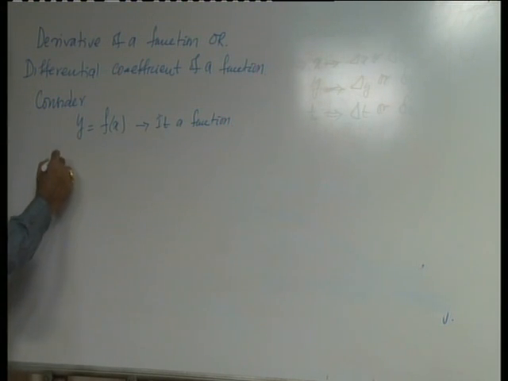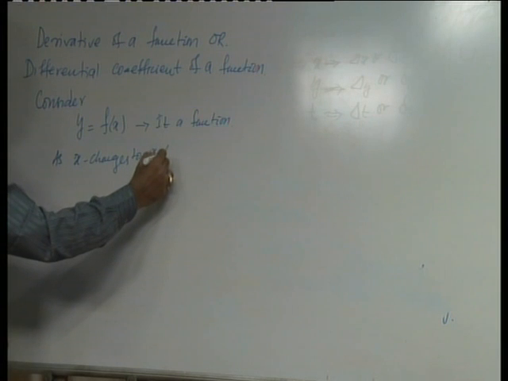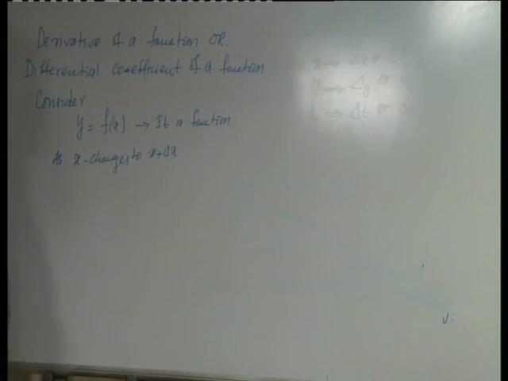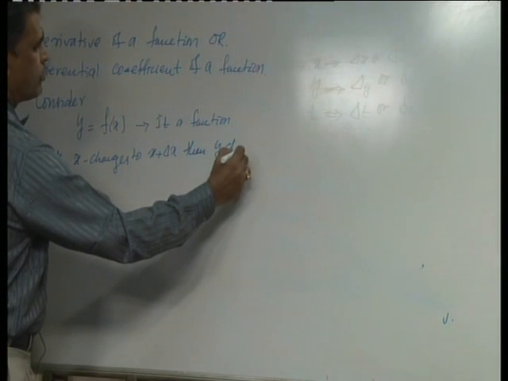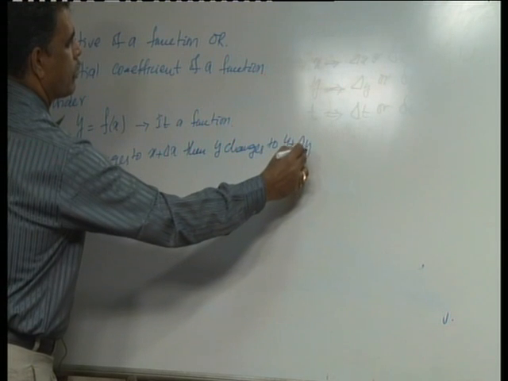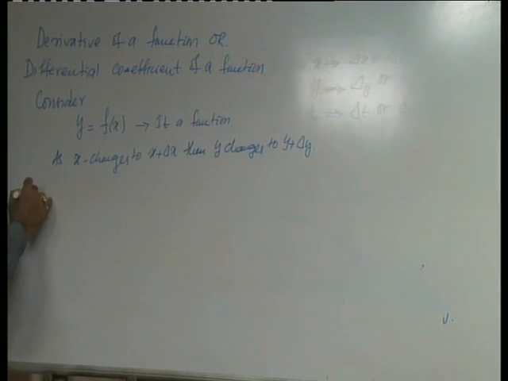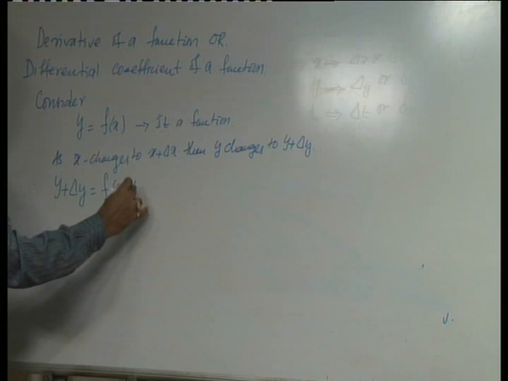As x changes to x plus delta x, I am increasing little value for x, automatically there will be an increase in y. Then y changes to y plus delta y. Therefore, y plus delta y is equal to f of x plus delta x.